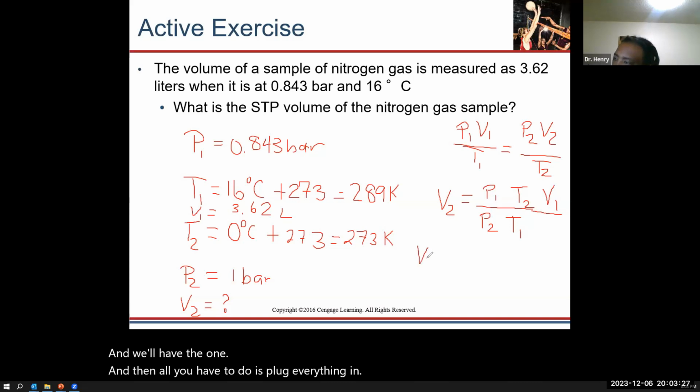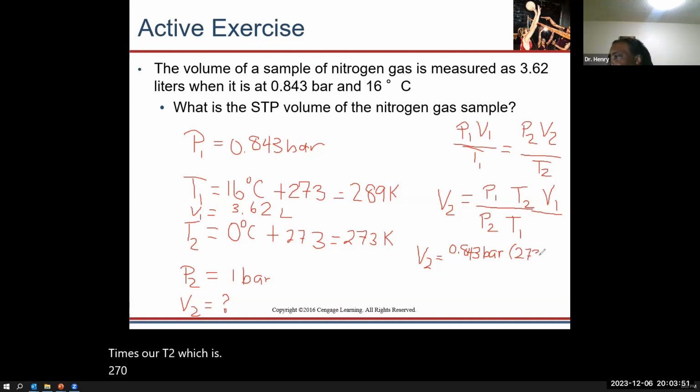So we get V2 is going to be equal to 0.843 bar times our T2, which is 273 Kelvin, times our V1, which is 3.62.